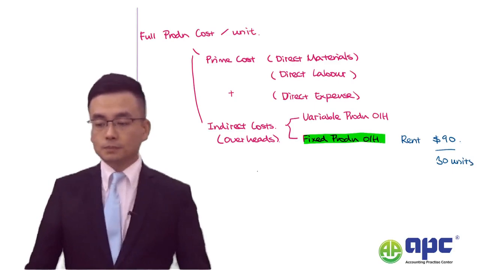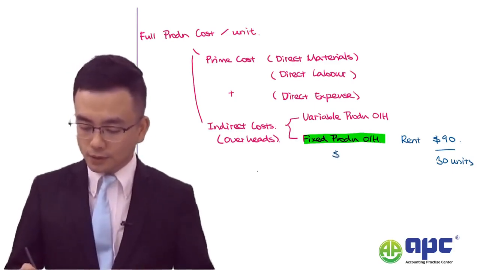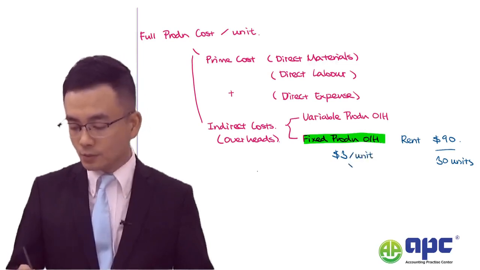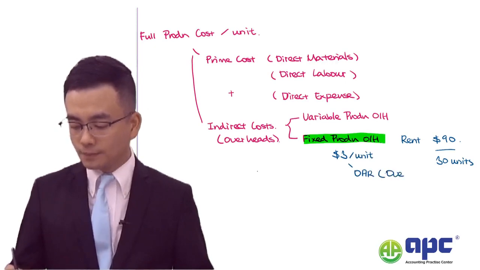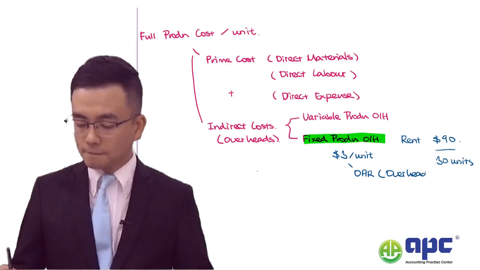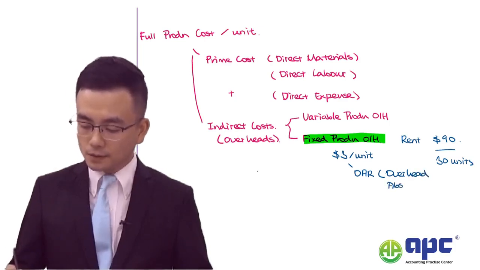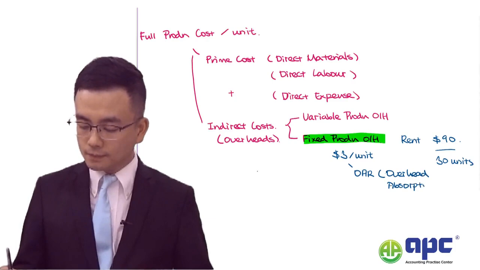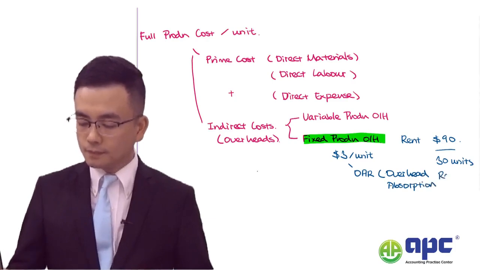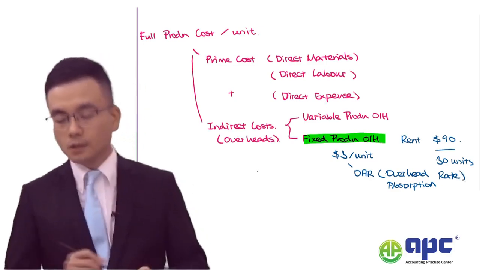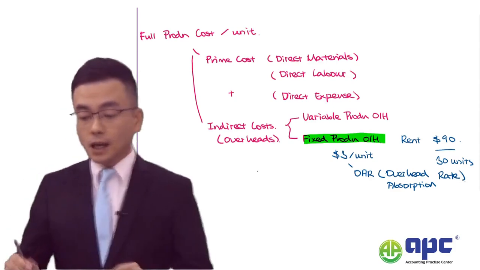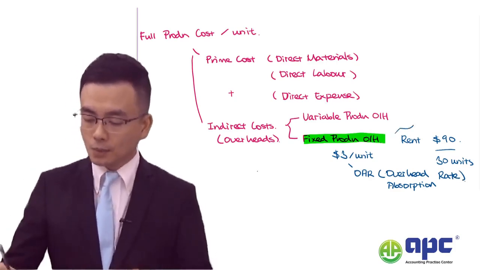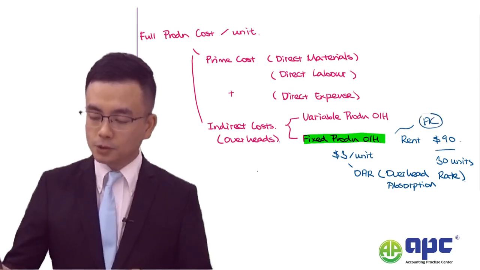And therefore, we will charge $3 per unit. And this would be the OAR, or the overhead absorption rate, to the product. Simple. And I highlight in green, and this is what I mean by the AC, or absorption costing.